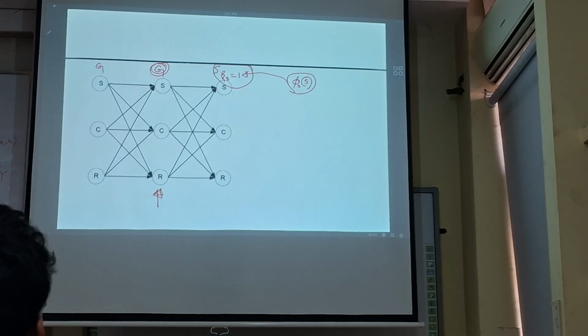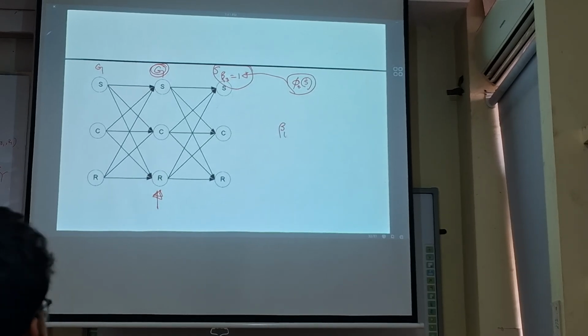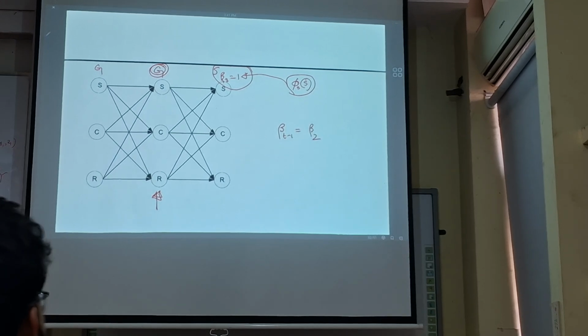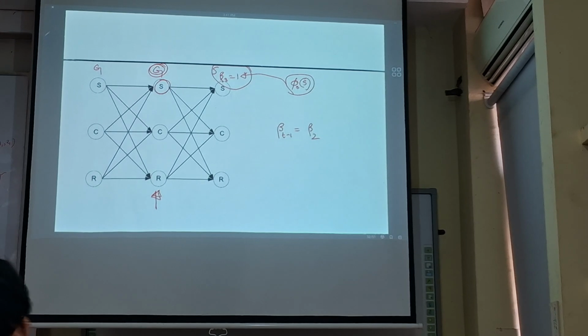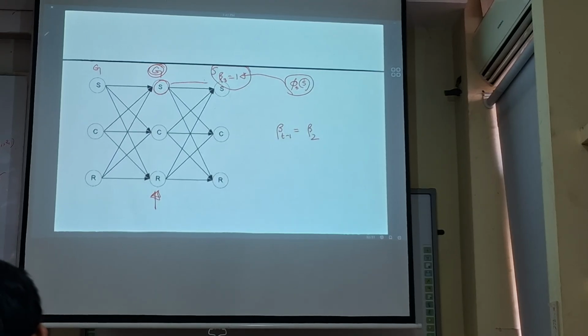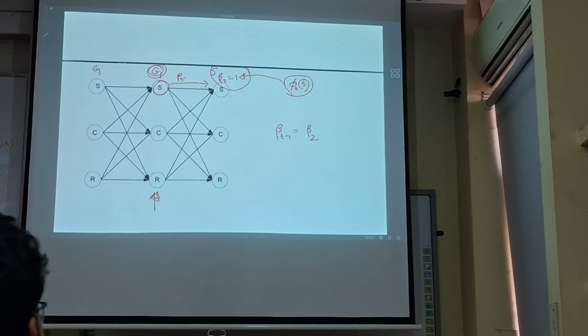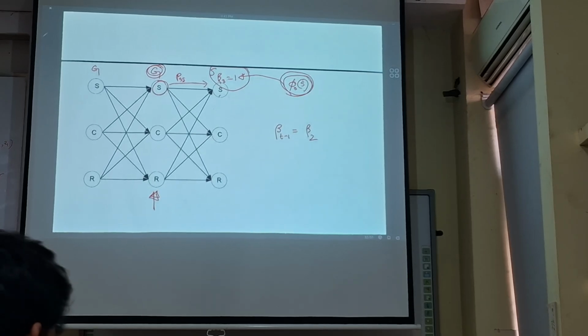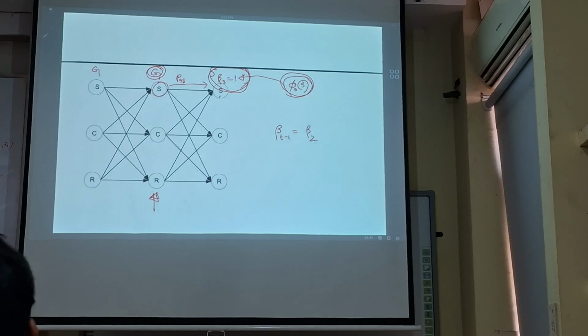Then, when we calculate beta t minus 1, for example beta 2, we consider this transition probability, and the symbol emission probability, this one, and the inverse, this one.